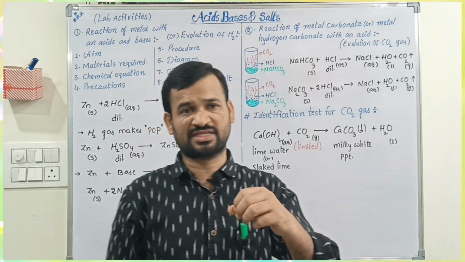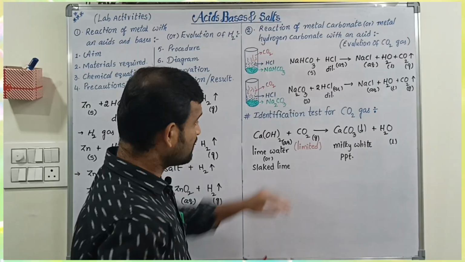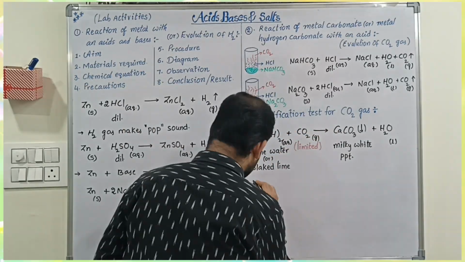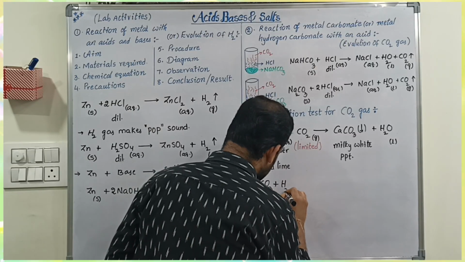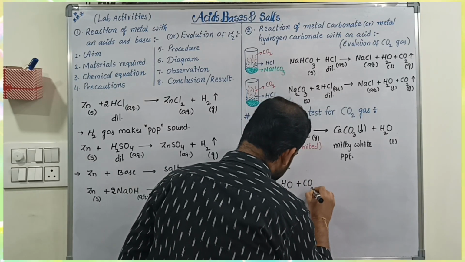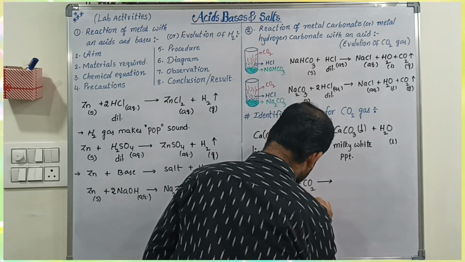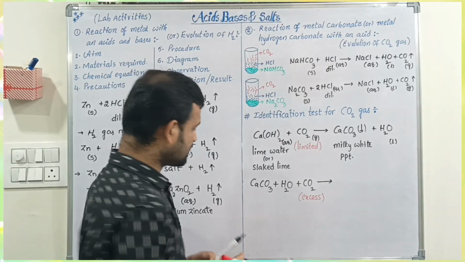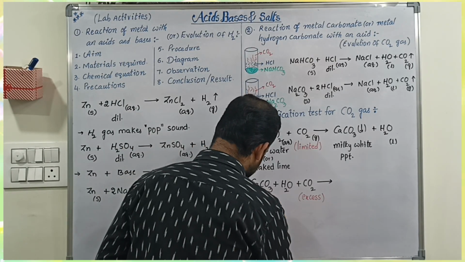Generally an insoluble substance settles at the bottom of the beaker. Okay. So here whenever we pass an excess amount of CO2 gas, that is CaCO3 plus H2O, and again we pass CO2 gas in excess.